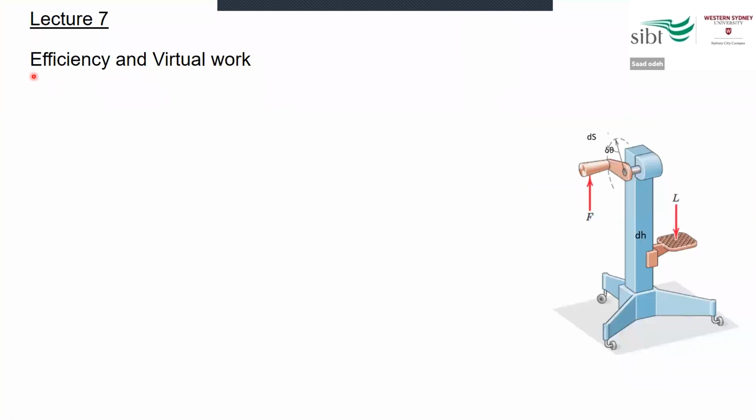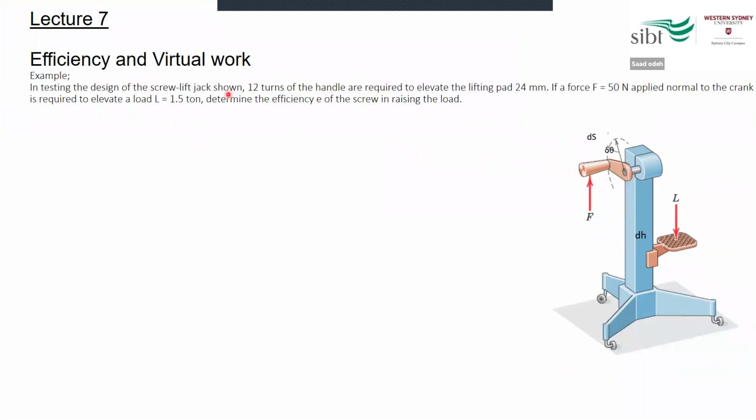In lecture 7, we were introduced to efficiency and virtual work. We had an example in the testing design of a screw lift jack.